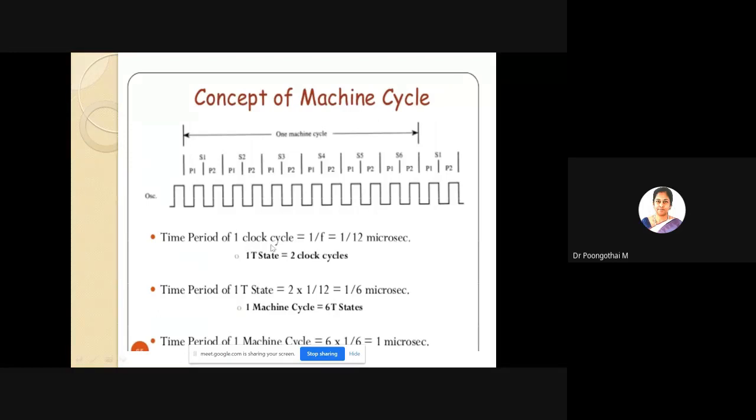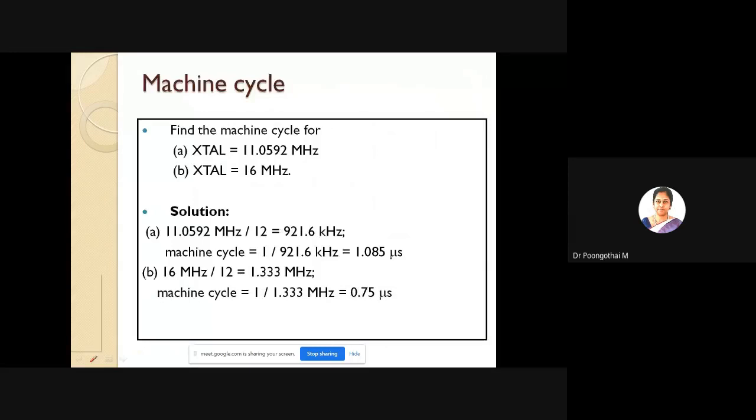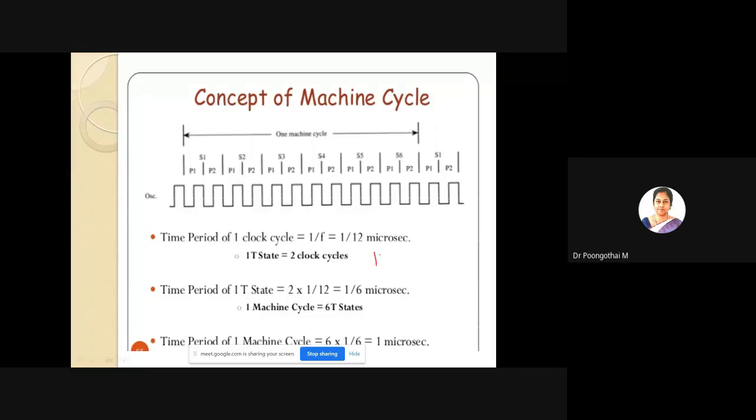The time period for one clock cycle is equal to 1 divided by the crystal oscillator frequency. Here the crystal oscillator frequency is 12 megahertz. So 1 divided by 12 megahertz is equal to 1 by 12 microseconds. So the time period for one clock cycle is 1 by f, where f is your crystal oscillator frequency.